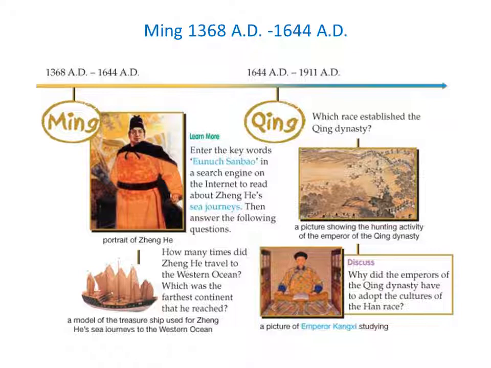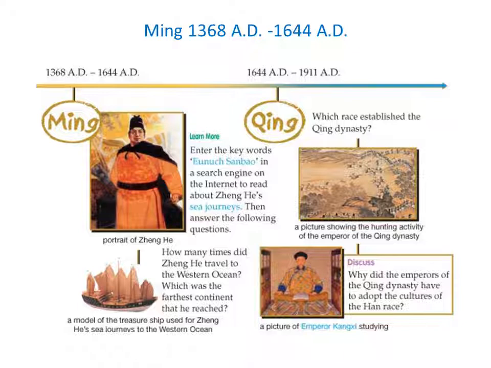In this slide, we'll look at Ming and Qing dynasties. Here in this slide, we'll do something called self-learning. You see 4 different pictures and there are 4 questions. This is a portrait of Zheng He on your left hand side, and he's famous for his sea journeys. Now the question is, how many times did Zheng He travel to the Western Ocean?